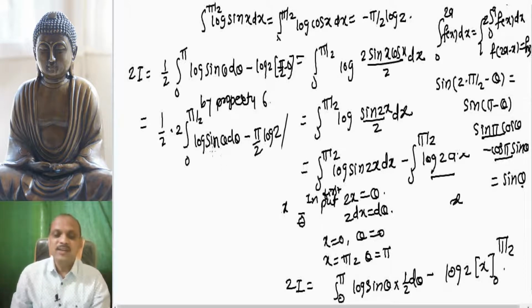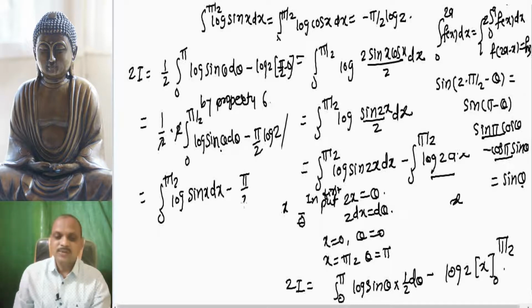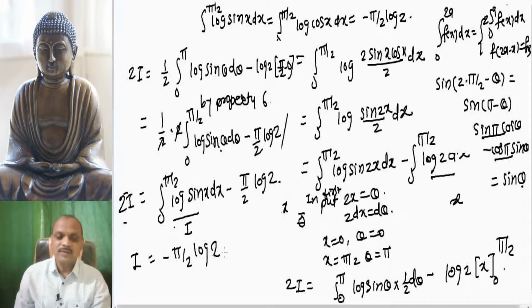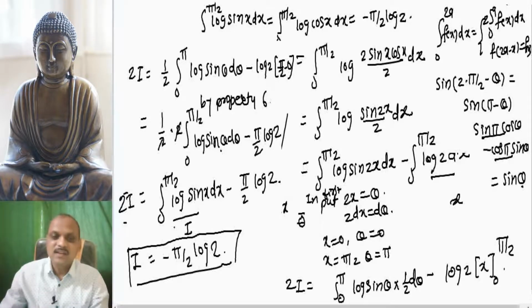Again, the 2s cancel. The integral from 0 to pi by 2 of log of sin x dx minus pi by 2 into log of 2, right? But this is I, hence 2I minus I equals minus pi by 2 into log of 2. So this is the proof of this important result on log of sin x.